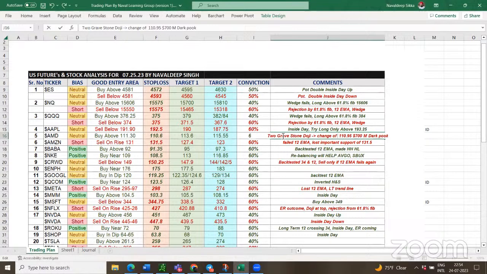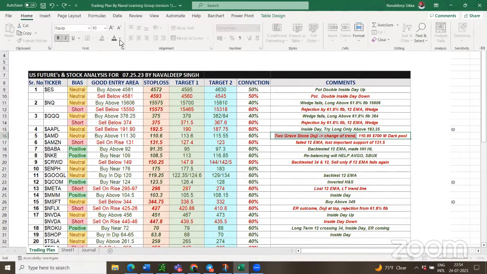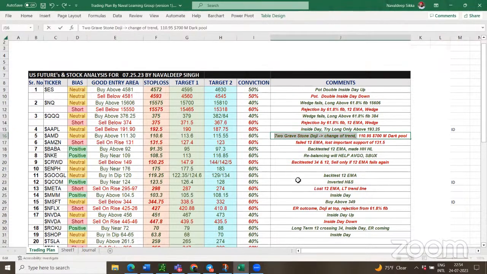Change of trend. I'm going to mark this line in green. That is the reason I am taking along. Okay, my stop loss is not a great stop loss. Just stop looking at Disney. It's not going to do anything.